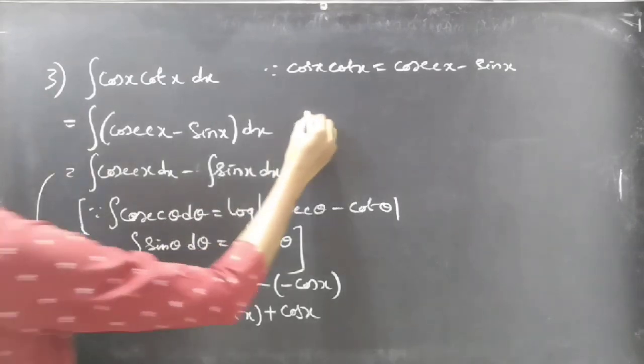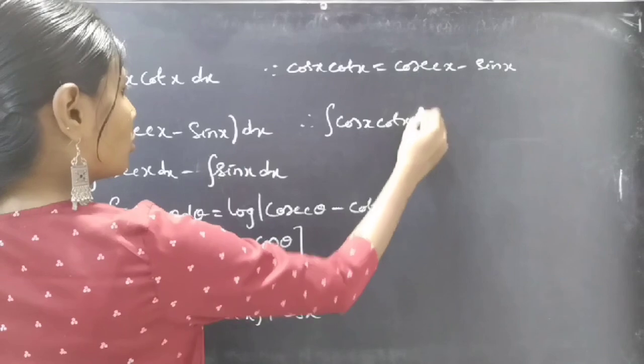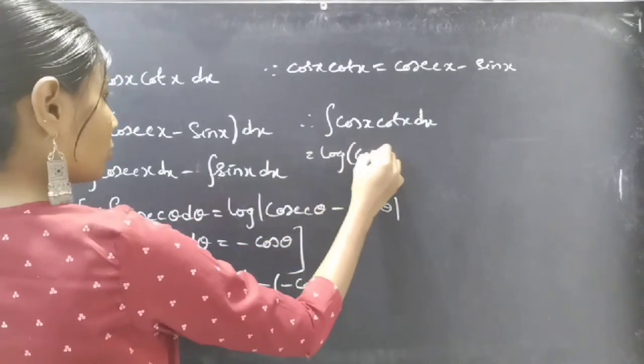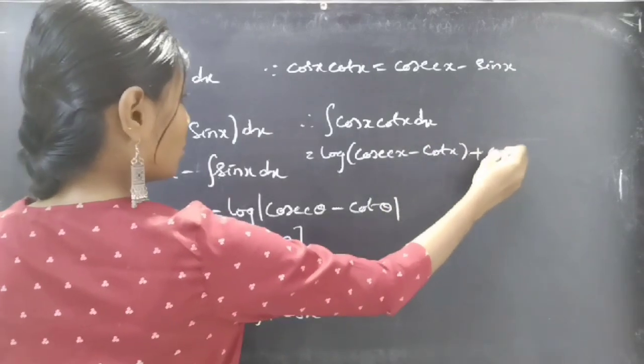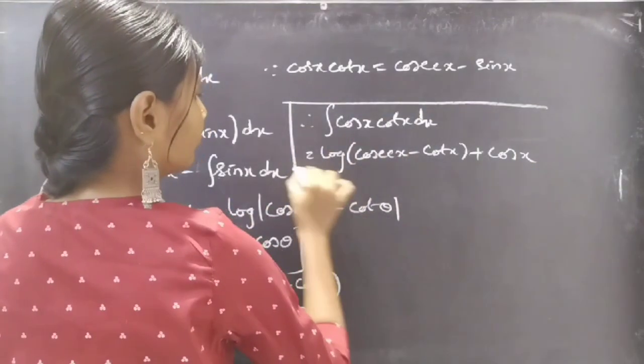Therefore, integral cos x cot x dx equals log of cosecant x minus cot x plus cos x.